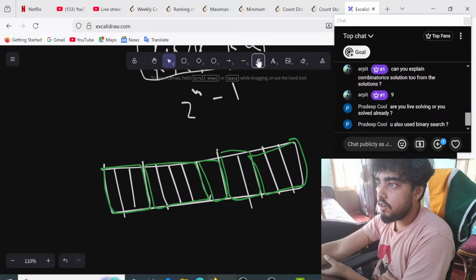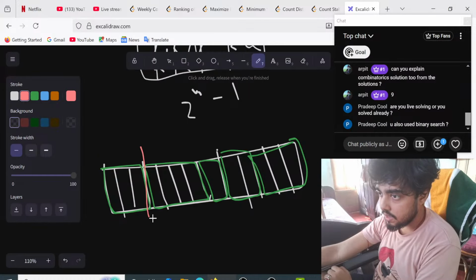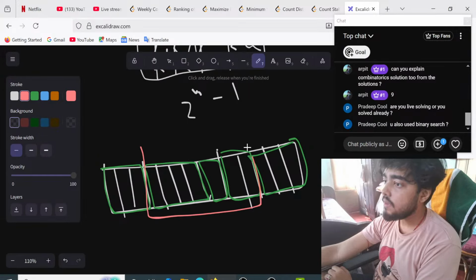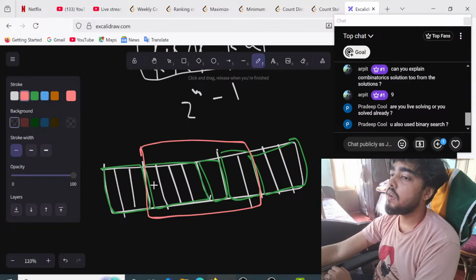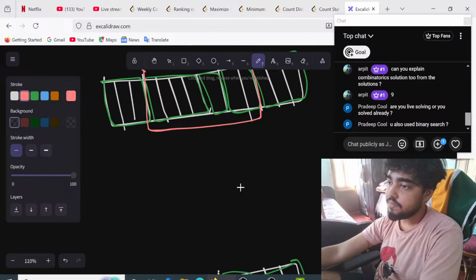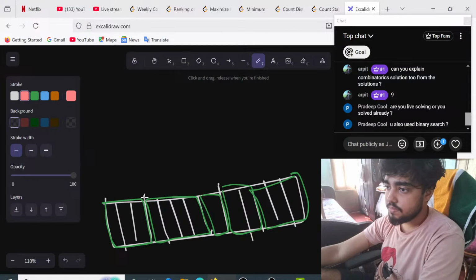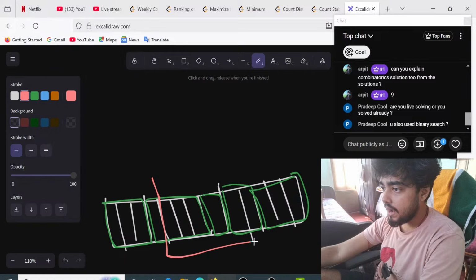The first case I've already explained. That is the beginning and ending, they consist of these green parts. What is the second case possible? It starts from somewhere over here and ends somewhere before this.